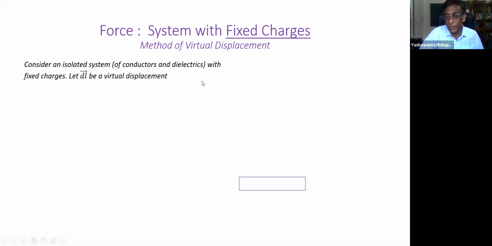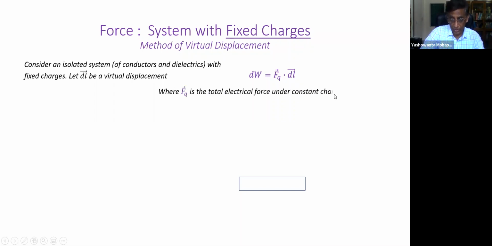You might have done this already while calculating some of the forces on northern hemisphere and southern hemisphere charged bodies. Now, let's say F_Q is the total electrical force under constant charge condition, and let dl be the virtual displacement, as I said.